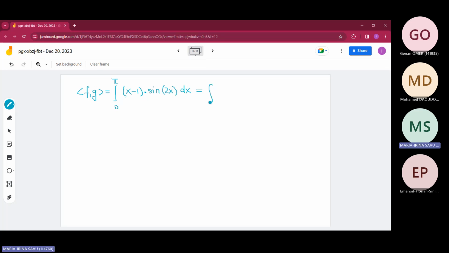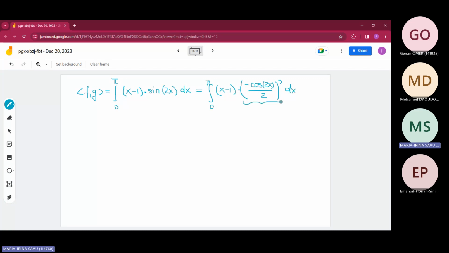So this is actually the integral from 0 to pi of x minus 1 times sine of 2x, and the antiderivative of sine of 2x is minus cosine of 2x over 2, right? Yes. Okay.